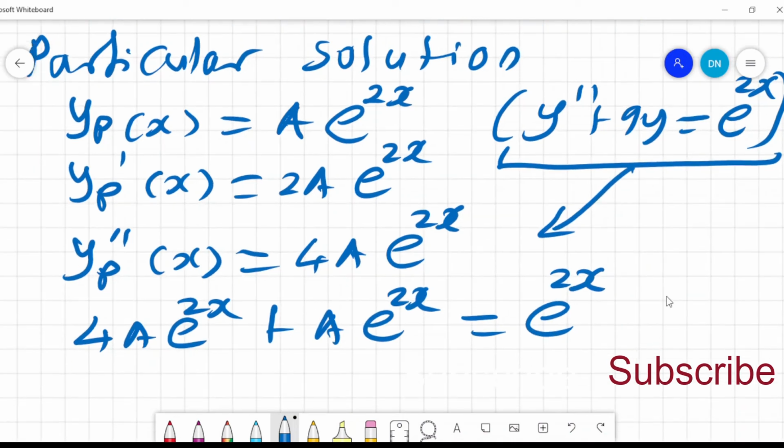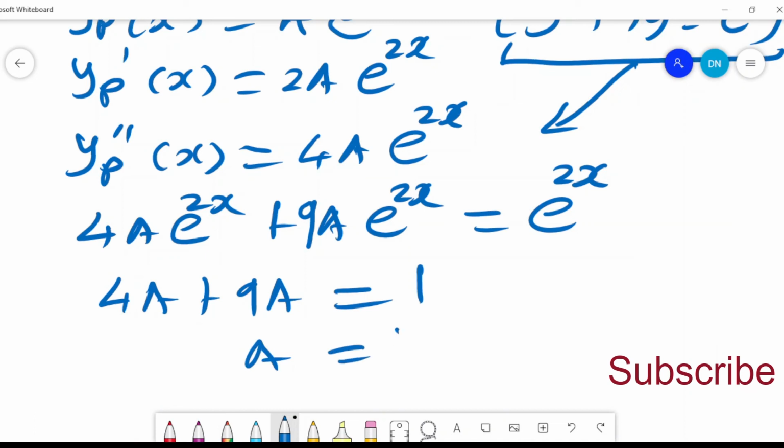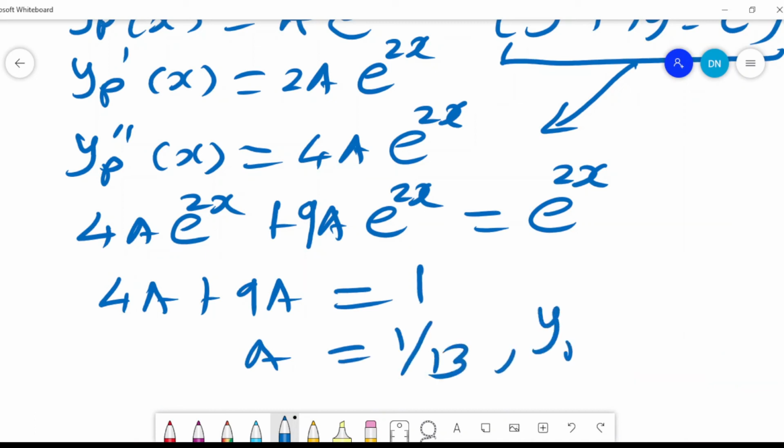If I divide through by e raised to power 2x, remember this is 9 times y, and y is a e raised to power 2x, so it will be 4a plus 9a is equal to 1. Therefore a is equal to 1 over 13. I can comfortably say my particular solution is 1 over 13 e raised to power 2x.